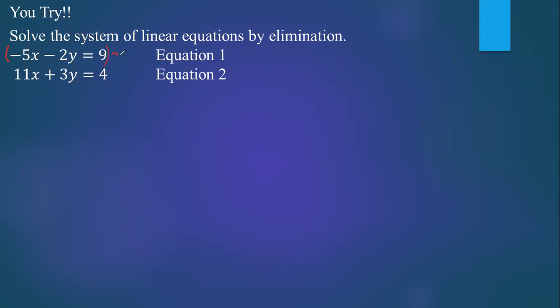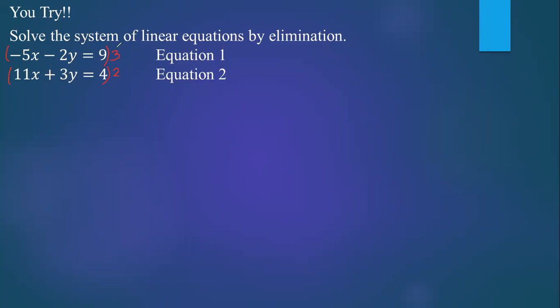I will solve this one in this way so that it will be easier for you to understand. Negative 2y, you multiply with 3 so that you get 6y. And positive 3y, you multiply with 2 so that you get 6y.